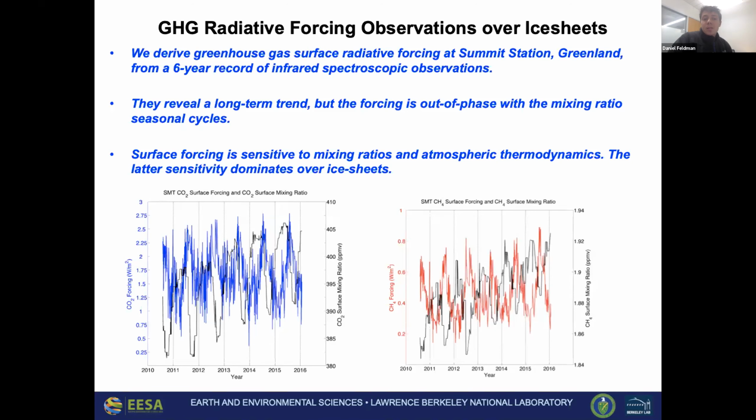We looked at the infrared radiative observations and saw that the surface radiative forcing, which is basically the amount of energy being added by greenhouse gases, carbon dioxide and methane, is out of phase with the gas concentrations. And we were able to show that this is a result of the fact that these are sensitive to atmospheric thermodynamics, which dominates over ice sheets much more than the gas concentrations.